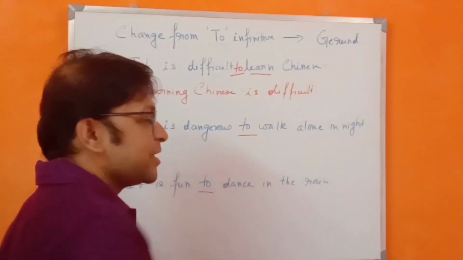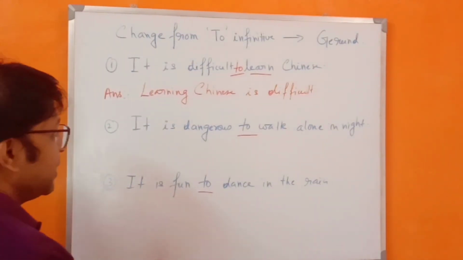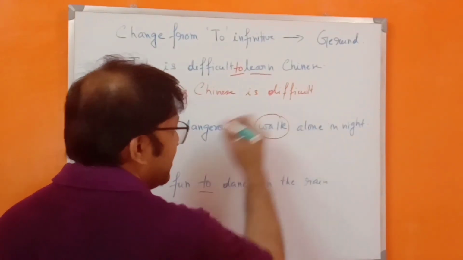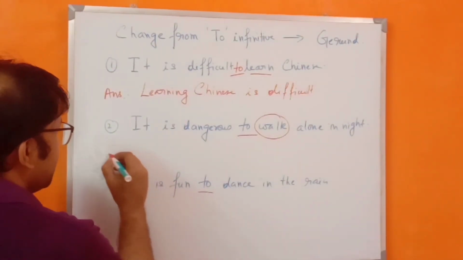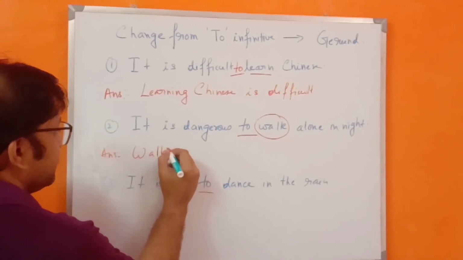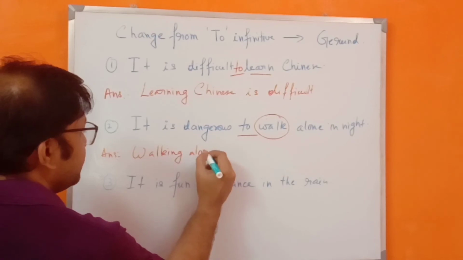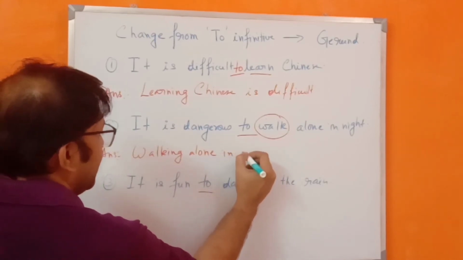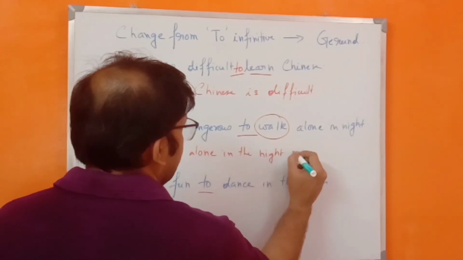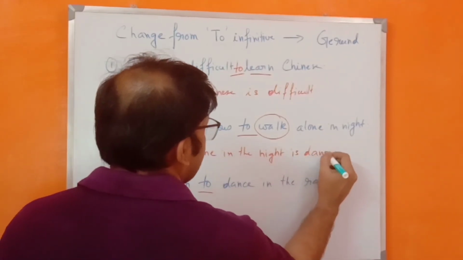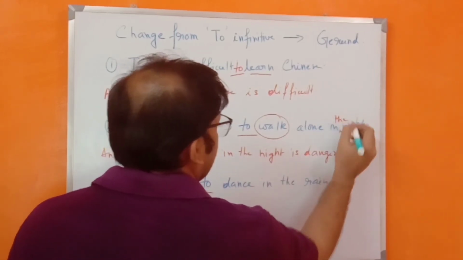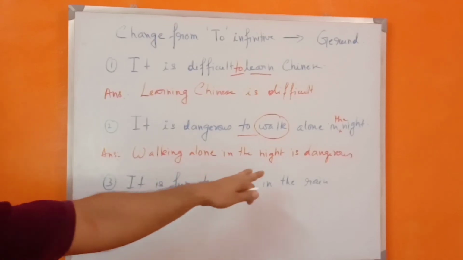Next sentence, it is dangerous to walk alone in the night. Here also we have used the to infinitive. How will it change? First of all, we have to know which one is our verb. So this one is our verb. So the sentence will be like this: walking alone in the night is dangerous.